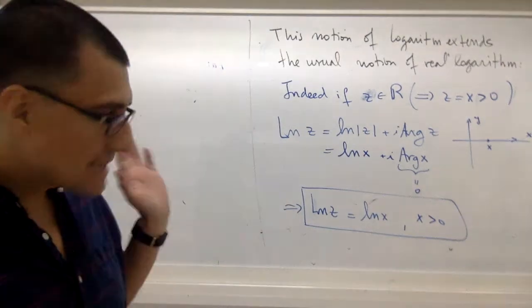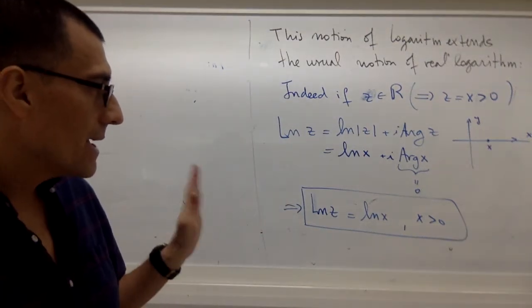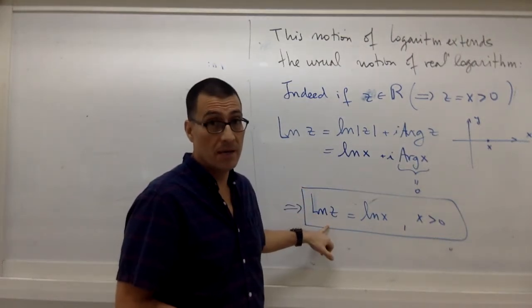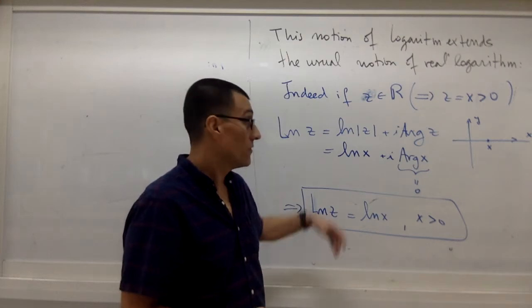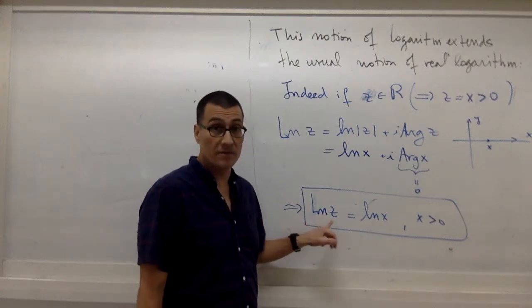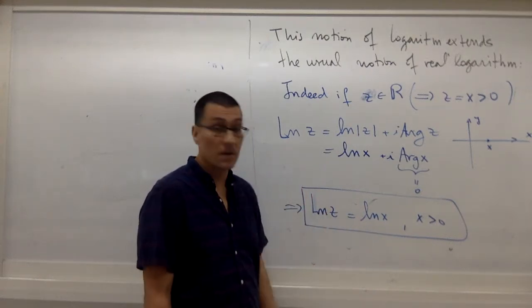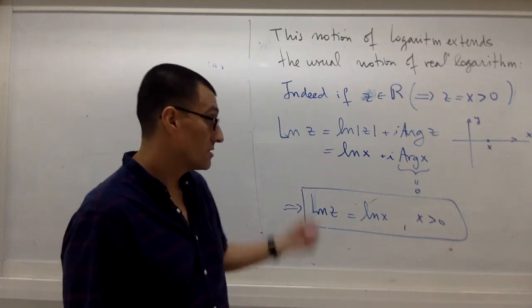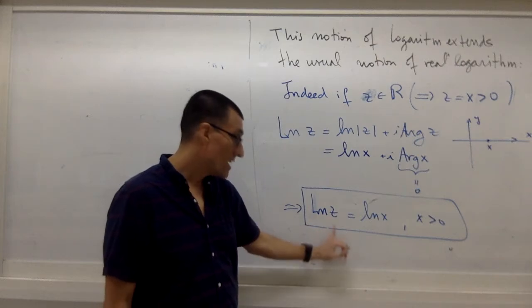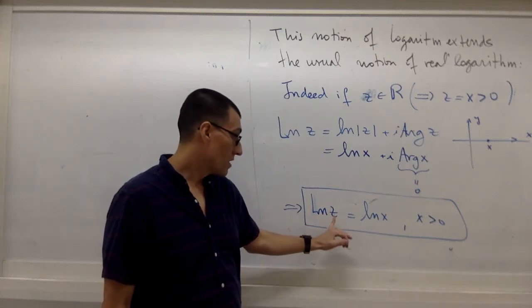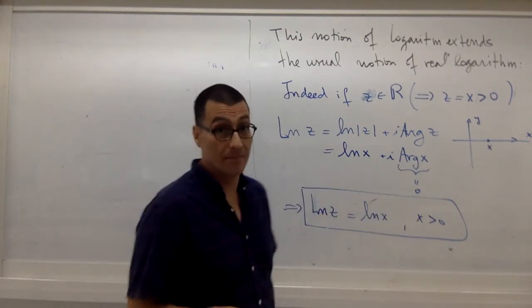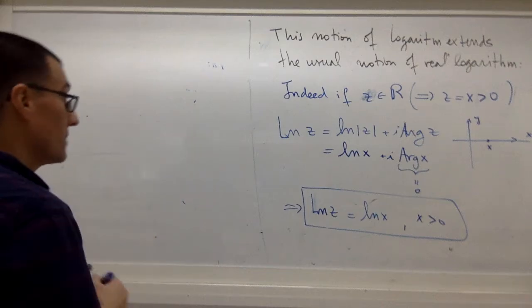Now, if somehow x negative did have a complex logarithm, then that would be an example of the fact that log z is a real extension of the usual real logarithm of x, because the logarithm of x for x negative does not exist. So if we could evaluate at a point which is real negative, we would have an example of an extension.